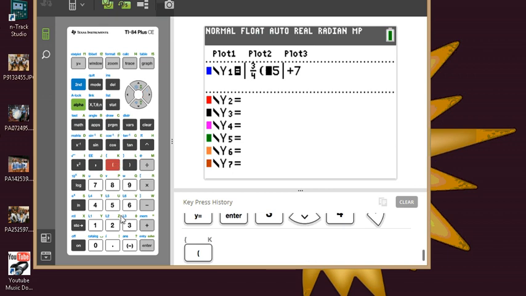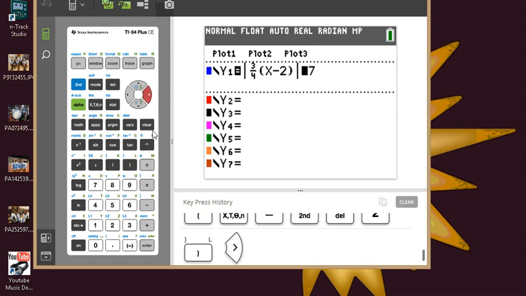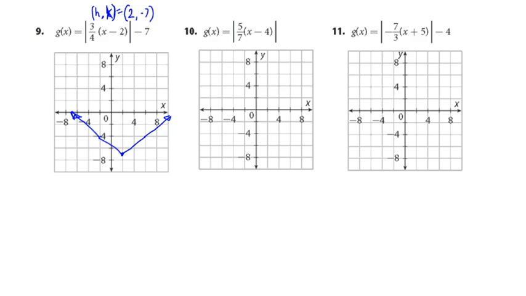And then we have x, and I'm going to put minus 2. I'm going to close parentheses. So right here, I'm going to put -7. So that should be it. Is that it? Yeah, it's going to be it.